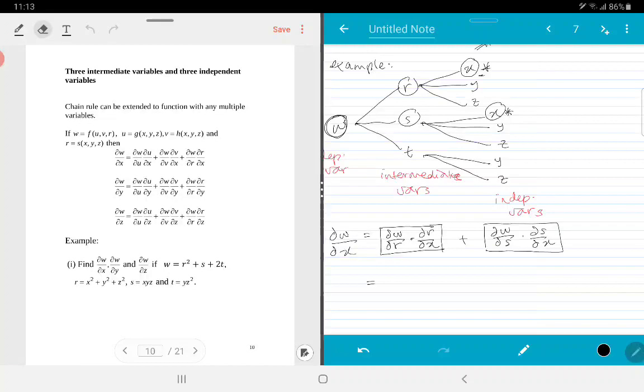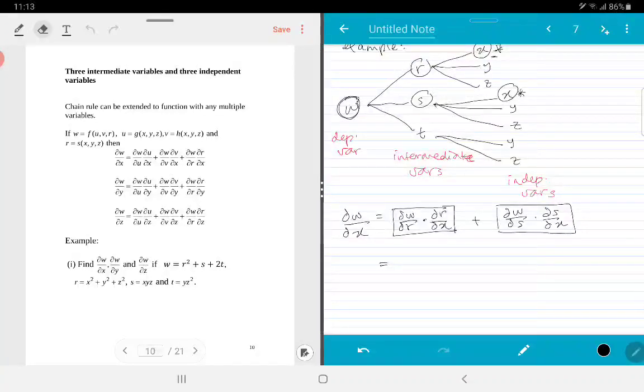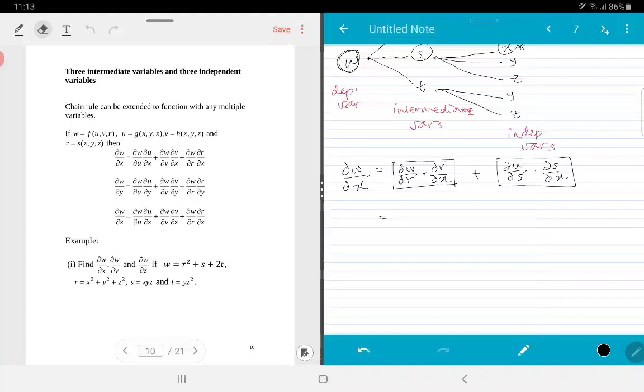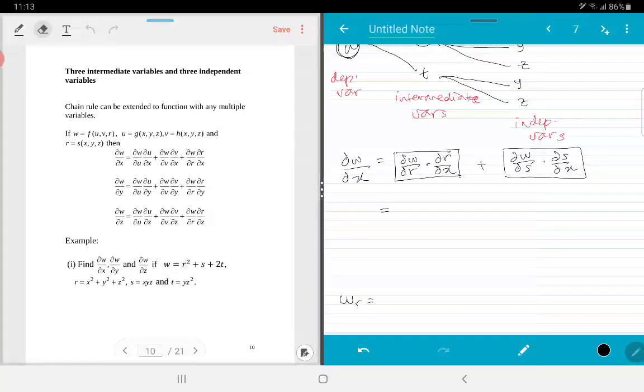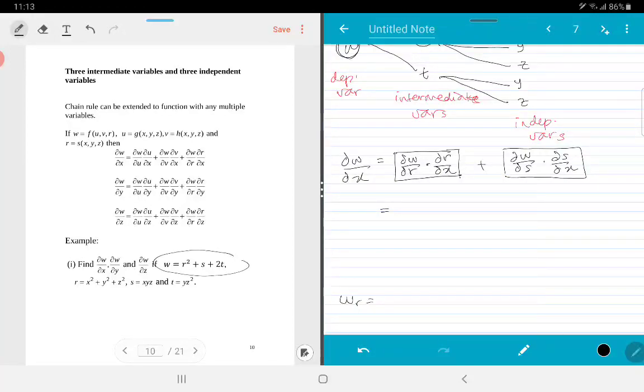All right, now let's look at partial w, partial r. Okay, for partial w, partial r, this is w. We want to differentiate w with respect to r, so we consider the other two variables, which are s and t, as constant.